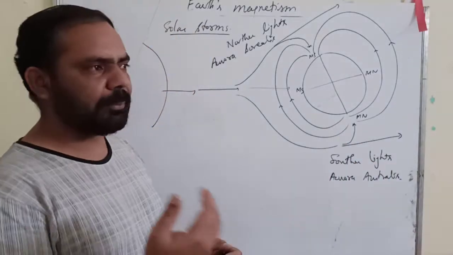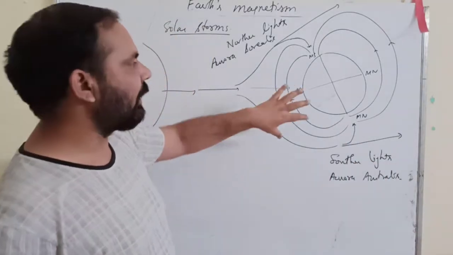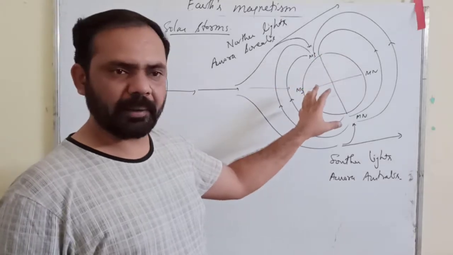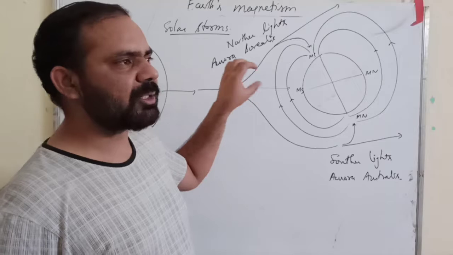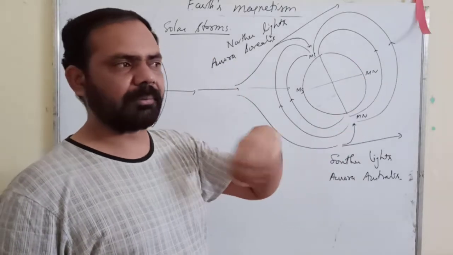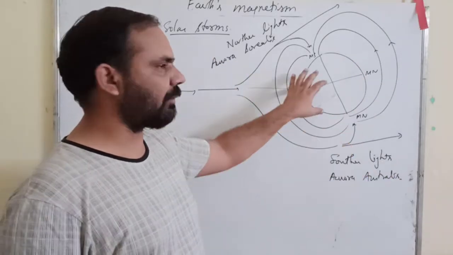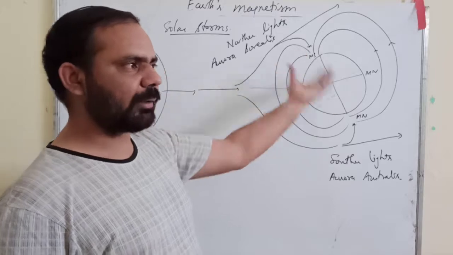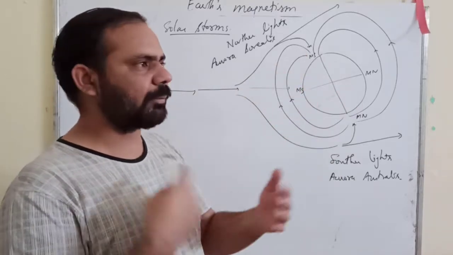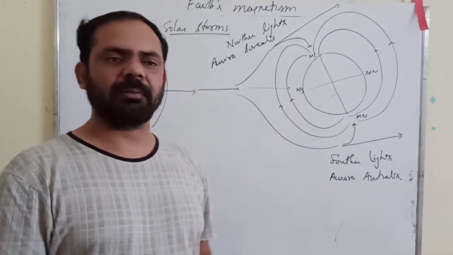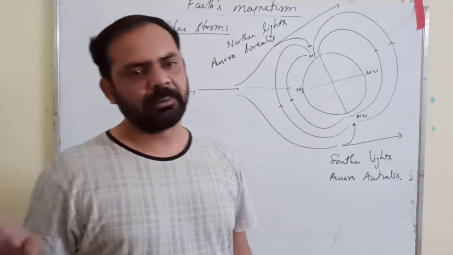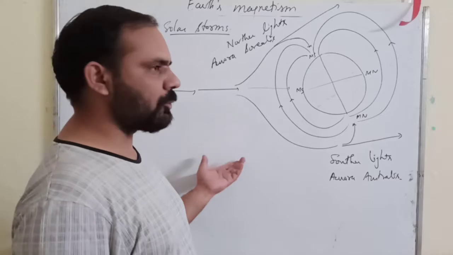Scientists used to think that during the shift of magnetic poles, a solar storm must have hit the surface of Mars, and that evaporated the whole water of Mars.